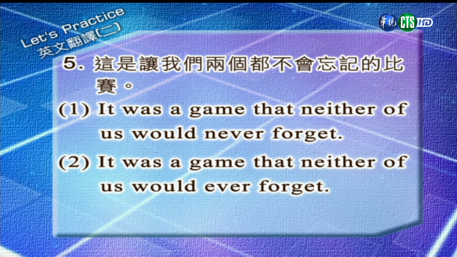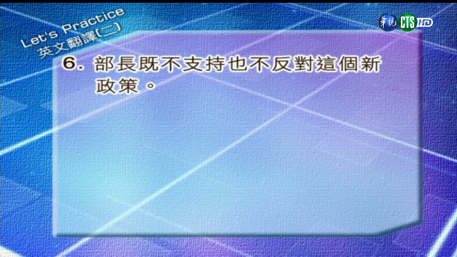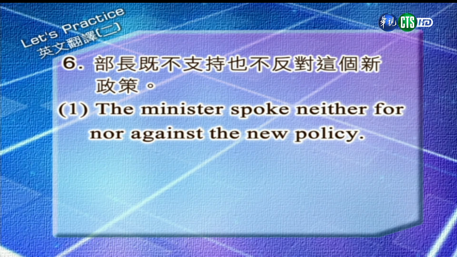It was a game that neither of us would ever forget. 看哪个错了？第一个错 would ever 不是 never 哈。好，我们看看另外翻法。We both would long remember such a contest. 好，我们看这个 contest 跟着 game 都是表示比赛的意思。部长既不支持也不反对这个新政策。The minister spoke neither for nor against the new policy.